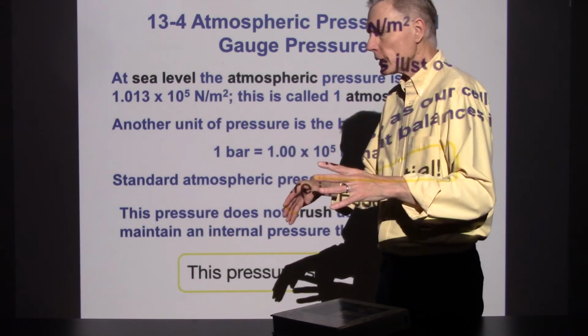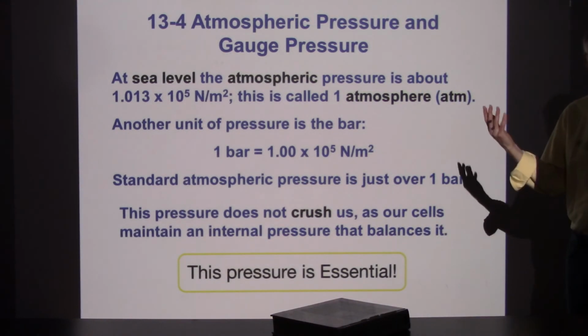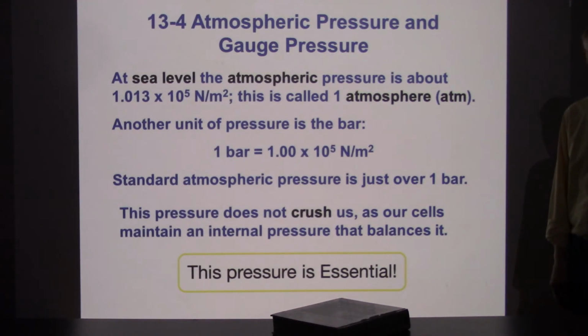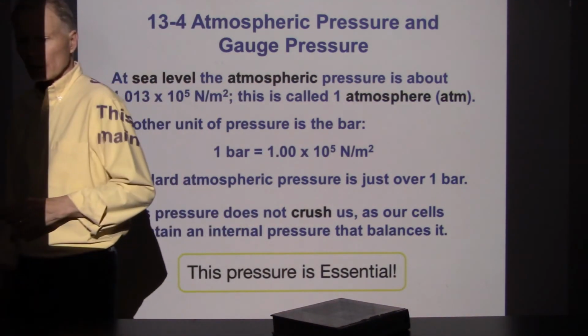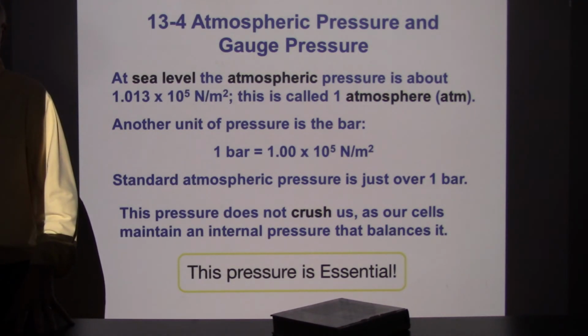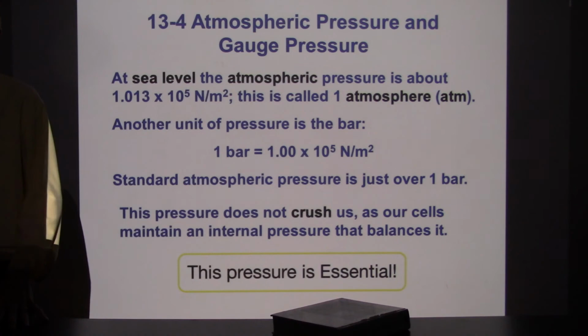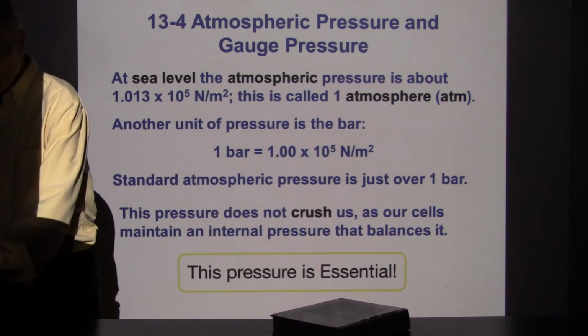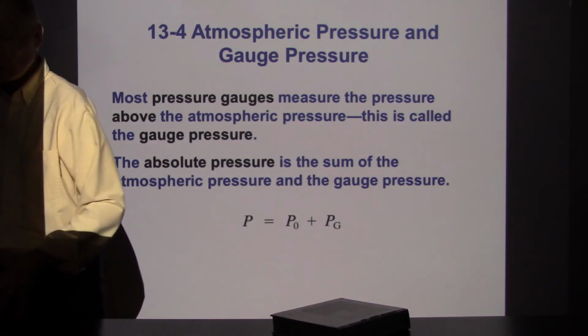Everything around here is compressed due to background fluid pressure, and that's just a part of being anywhere where gravity is, squeezing this stuff together. And so the pressure is essential. I mean, everything that we do, the cells aren't doing anything in particular to offset the pressure. They're just dealing with the pressure as is. Everything evolved with that pressure in place. And again, if you took away the pressure, the water would go back to vapor. It would not remain as a liquid.